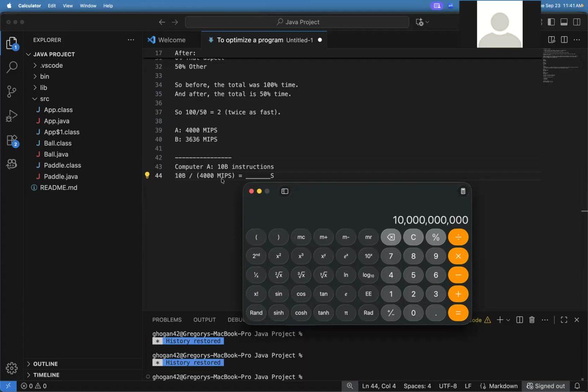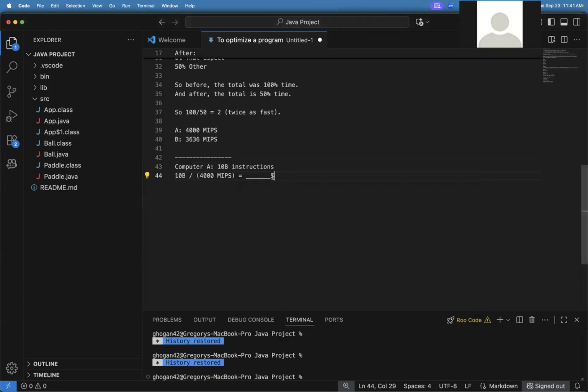MIPS means million, so you'd also have to divide by a million. And you would get that, which is 2.5 seconds, basically.